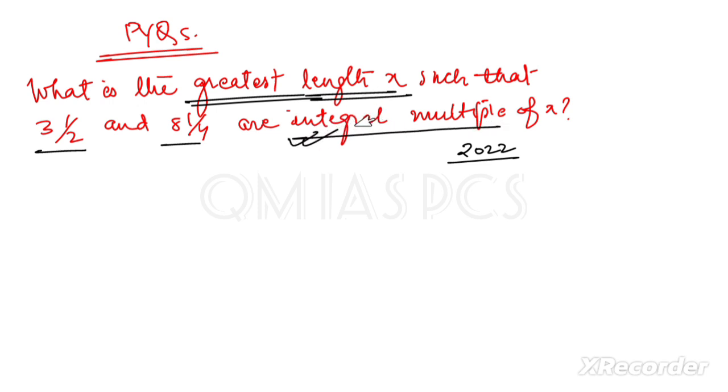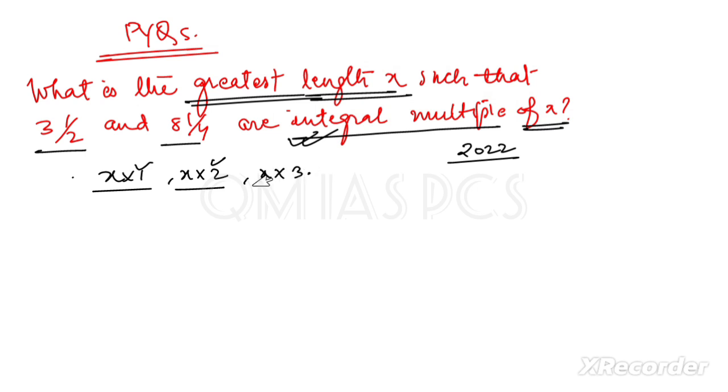Integral multiple means this is an integer. That is a multiple of x, which means we have to read the table of x. Like x multiplied by 1, x multiplied by 2, these are integers, so this is an integral multiple of x.